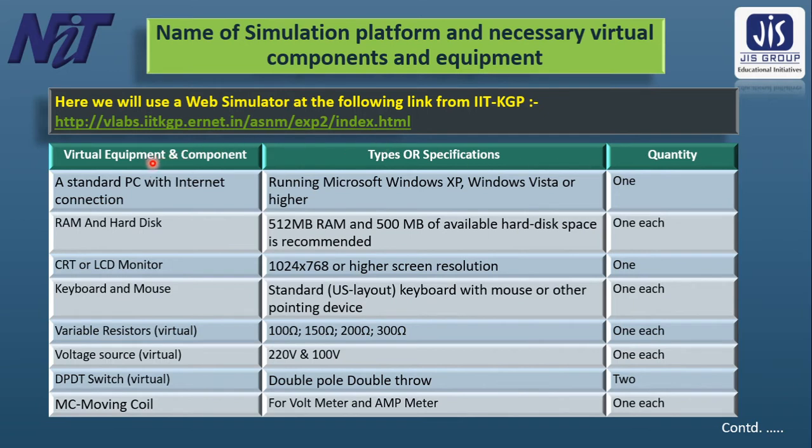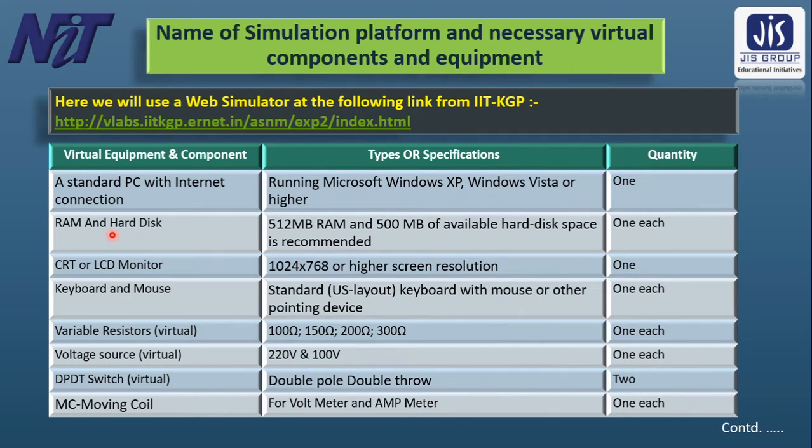Below this table, on the left side, I have mentioned all the virtual equipment and components, according to the specification of these components and instruments, and the quantity. So first we need a standard PC with an internet connection, running Windows XP, Vista or higher.